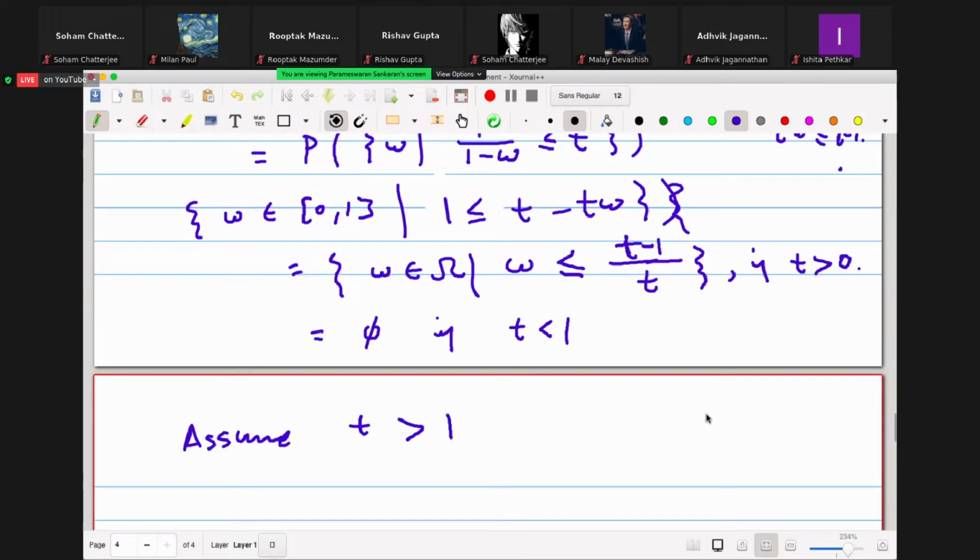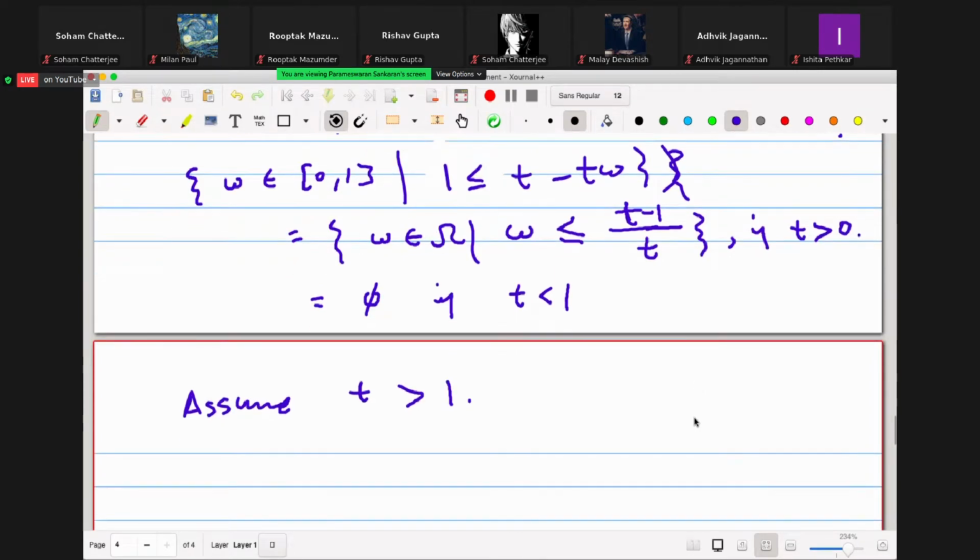This set of omega satisfying that inequality, 1 minus omega is less than or equal to t.